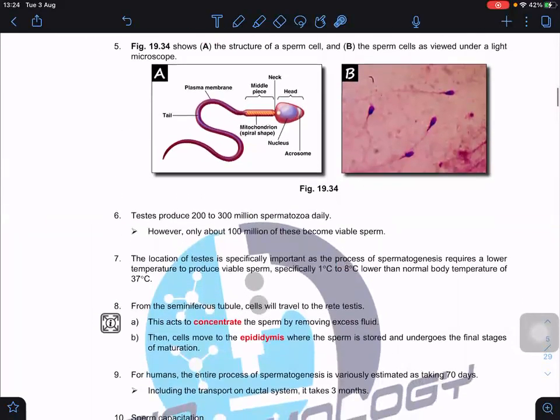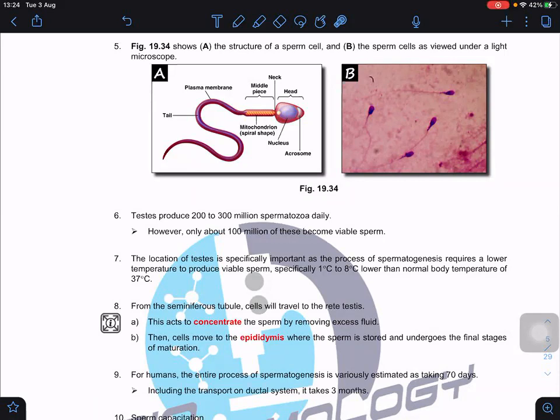And if you look at the structure here, a sperm cell has the head, the midpiece or middle piece, and the tail. So where are the mitochondria? This is where the mitochondria are. Remember previously, when we talked about fertilization, we talked about mitochondria and the molecular clock hypothesis. We said that mitochondria can only be inherited from the mother, or maternal line, correct or not?